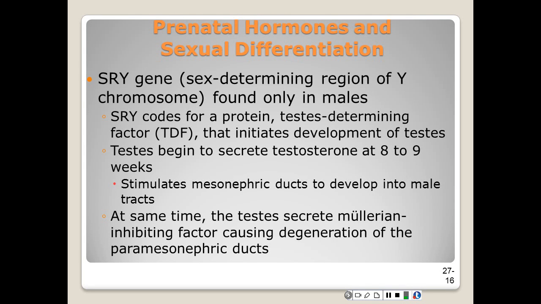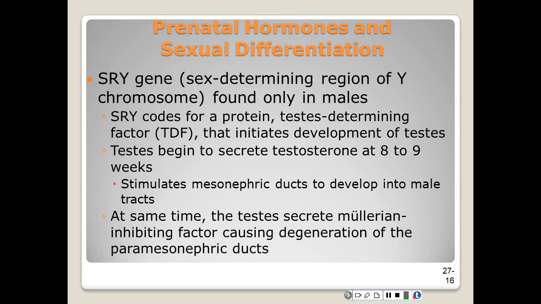Alright, so the Y chromosome has a gene called the SRY, and that codes for a protein called the testis determining factor, the TDF, which interacts with genes on other chromosomes. By 8 to 9 weeks, the male gonadal ridge has become a testis that begins to secrete testosterone.